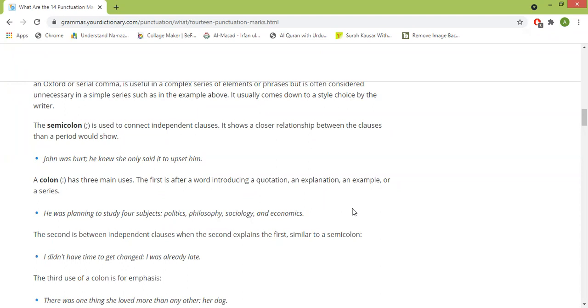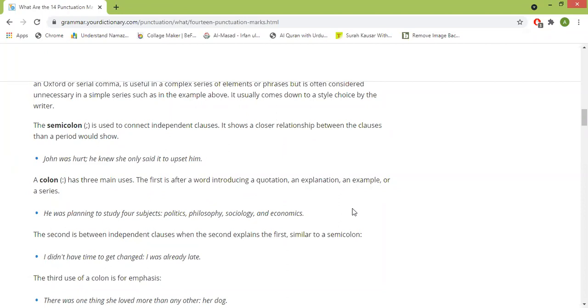When two independent clauses are joined together, what type of sentence is made? Think about it. In the meanwhile, we are continuing with the lecture. I'll ask you after 5 minutes.